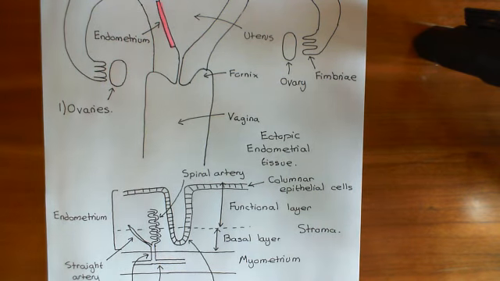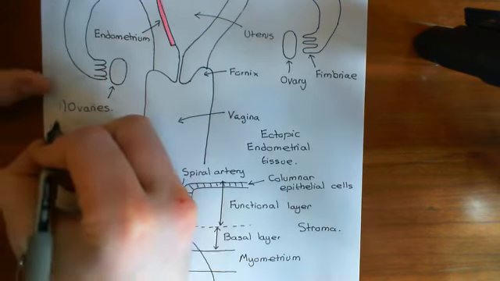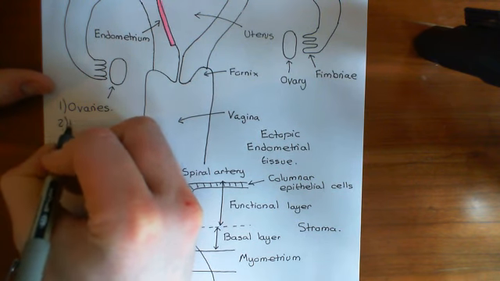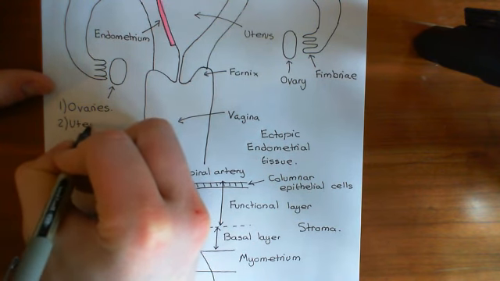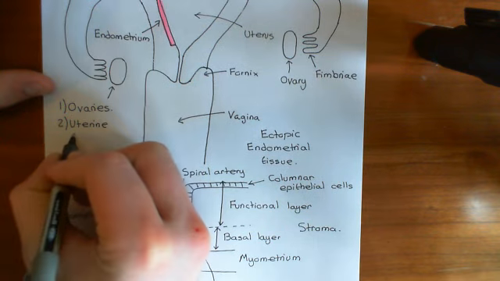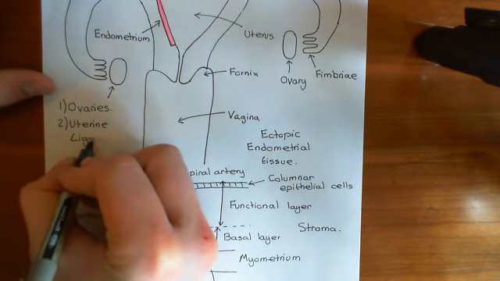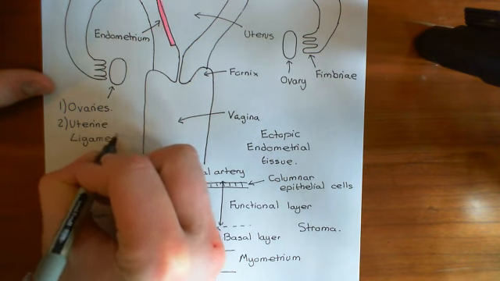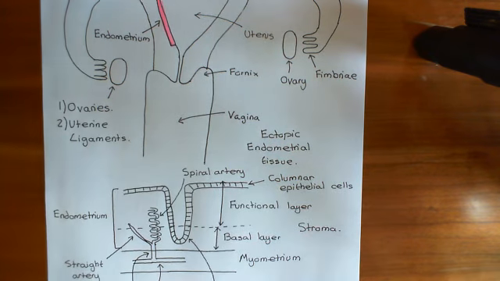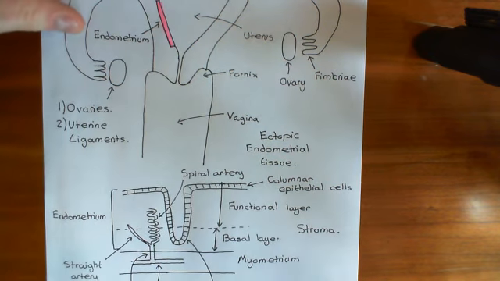Okay, the second most common place that it can be found is in what are known as the uterine ligaments. Now the uterine ligaments are another name for the round ligaments. So I'm going to draw another anatomical picture to show you where the round ligaments are.